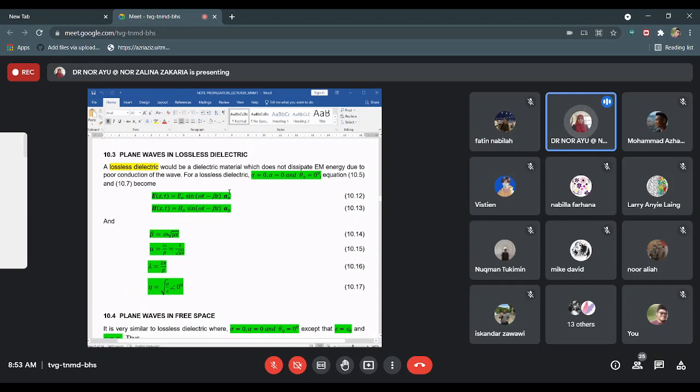This is the general equation for a lossless dielectric. Just now we had E equals E naught e to the power of minus alpha z and so on. Because those are all zero, we don't have that exponential term here, so we are left with E naught only.